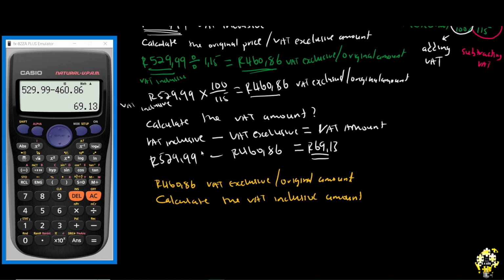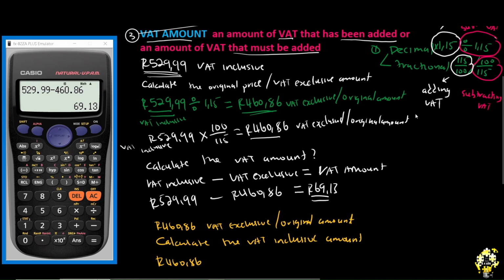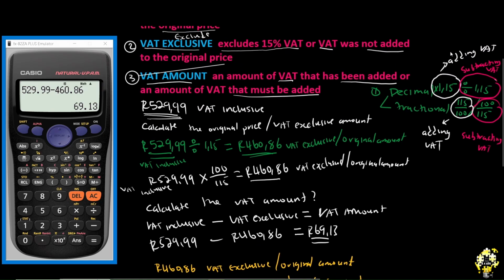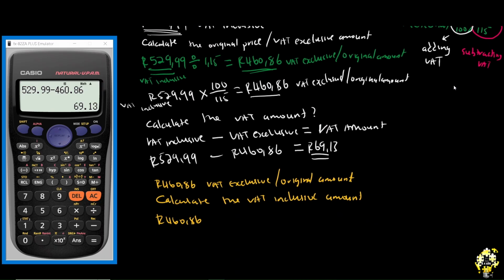What would we do? Well, we would say 460.86. What are we supposed to do? Remember, we have two methods, the decimal way and also the fractional way. So let's start with the decimal way. What did we say you do when you are using the decimal way? You multiply by 1.15. It's when you are adding or when you are including VAT.